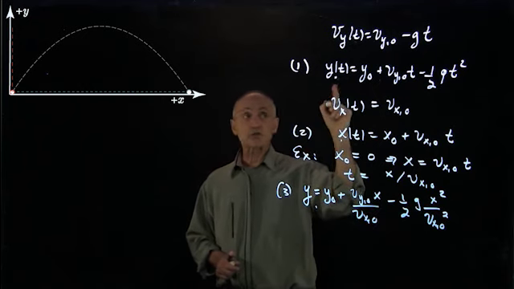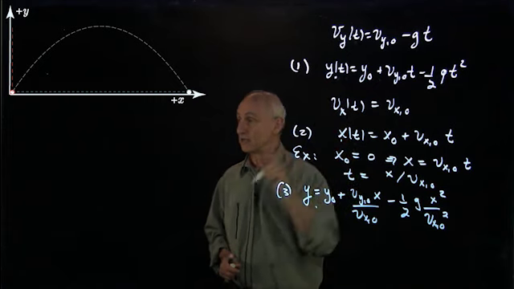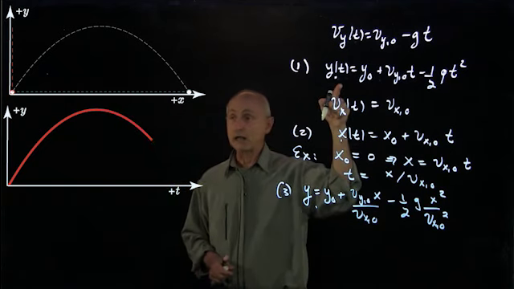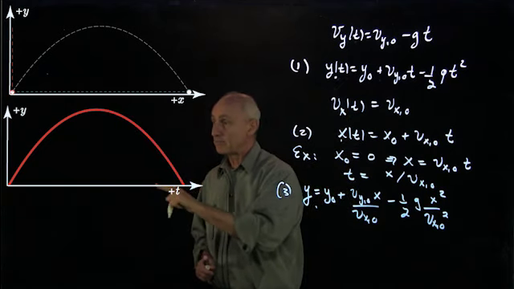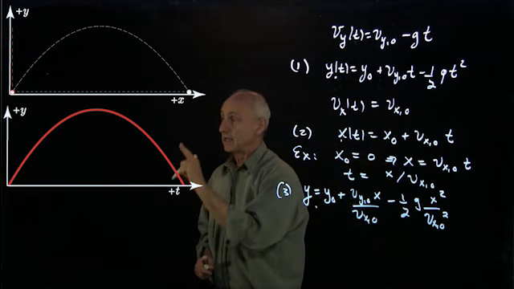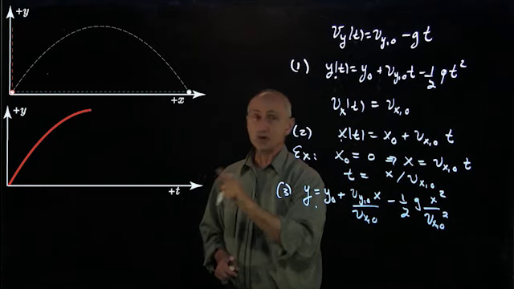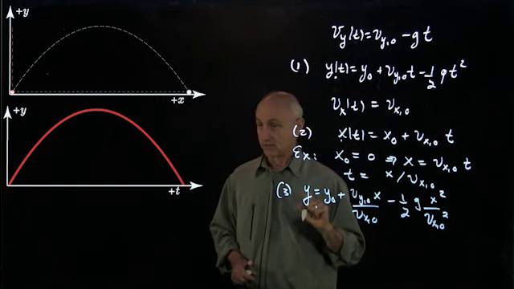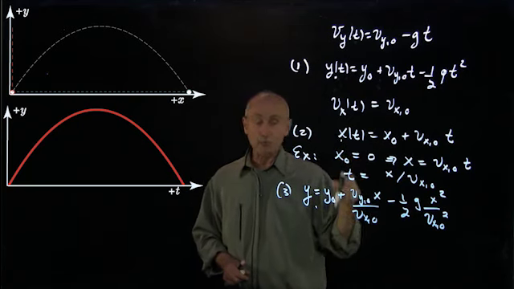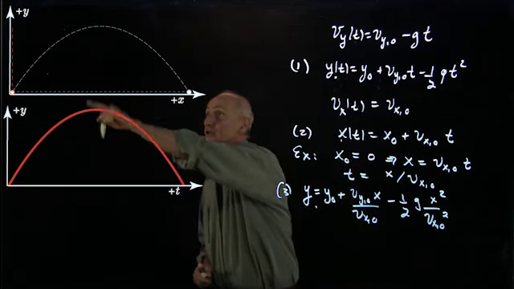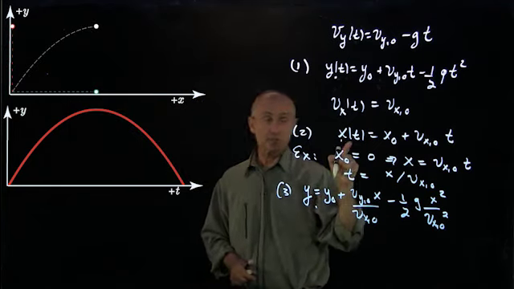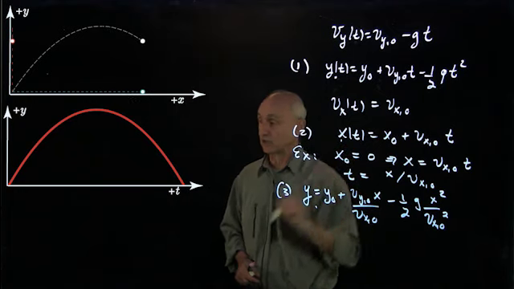Now, if we wanted to actually plot out y as a function of t, then here we can look at the simulation where we're just looking at the y component, and you can see that that motion too is a parabola. However, what's crucial to look at is that it's y as a function of t and not y as a function of x. Finally, we can look at the horizontal motion. Let's plot that separately, x as a function of t.